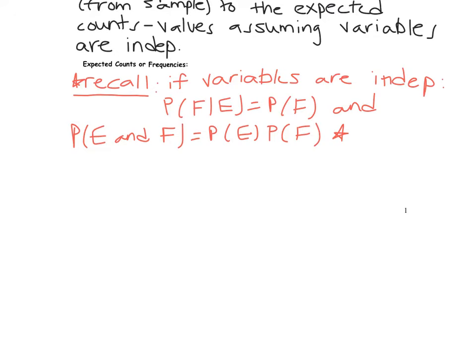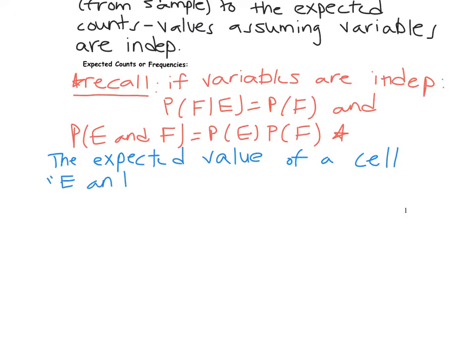So the expected value of a cell E and F would be the probability of E and F times the grand total, or the amount in the sample.